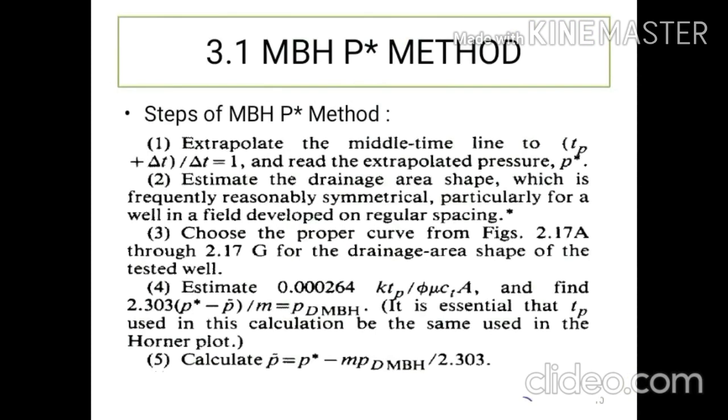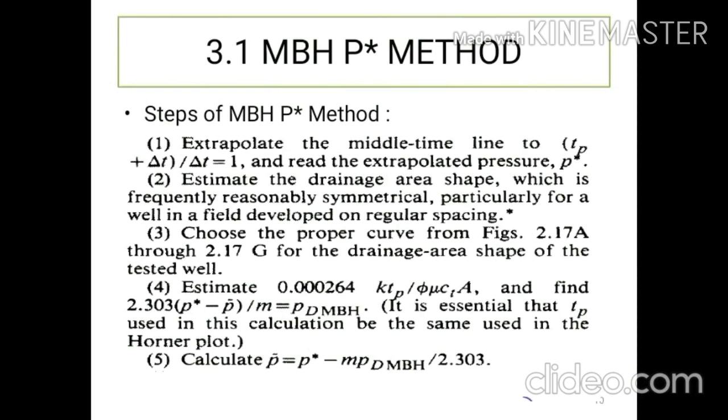Steps of the MBH p-star method: first, draw Horner plots of pressure versus time and estimate the ETR, MTR and LTR, meaning early time region, middle time region and late time region, using the given data.